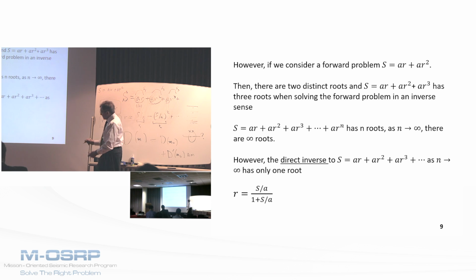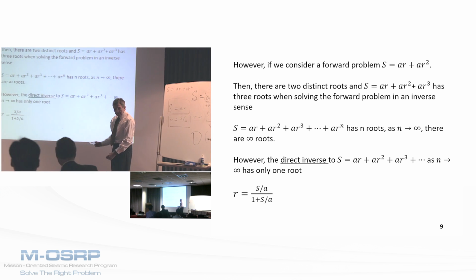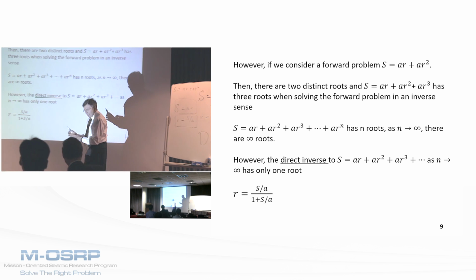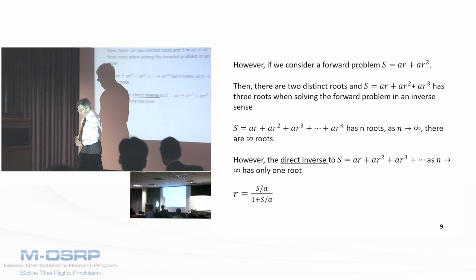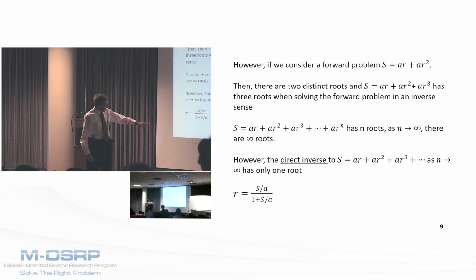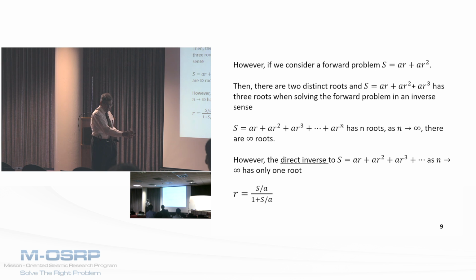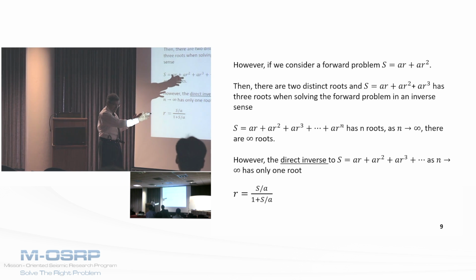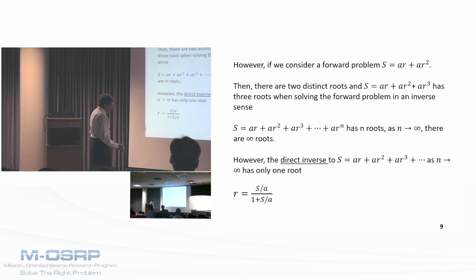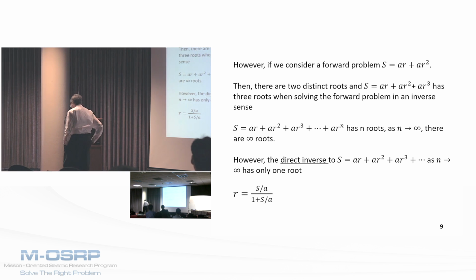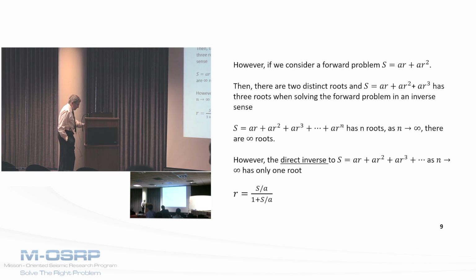And guess what? There's only one root: S over A, 1 plus S over A. Look how far off you get by solving a forward problem in an inverse sense and thinking it's the same as a direct inverse. You get a growing number of roots for higher polynomials. And that's just a simple case; we'll say more about that tomorrow for multi-component.